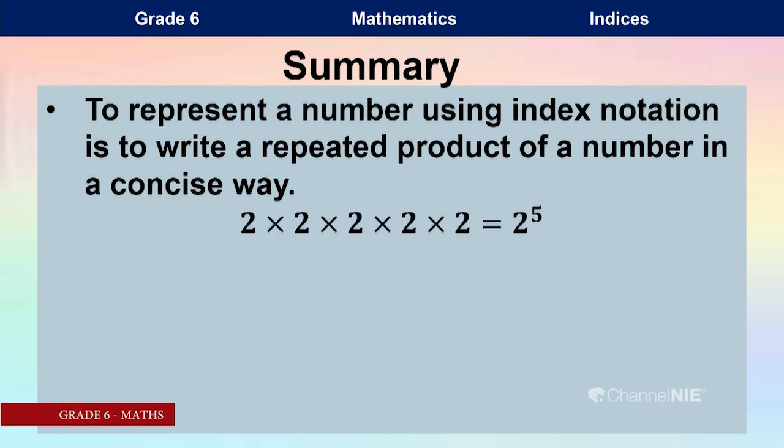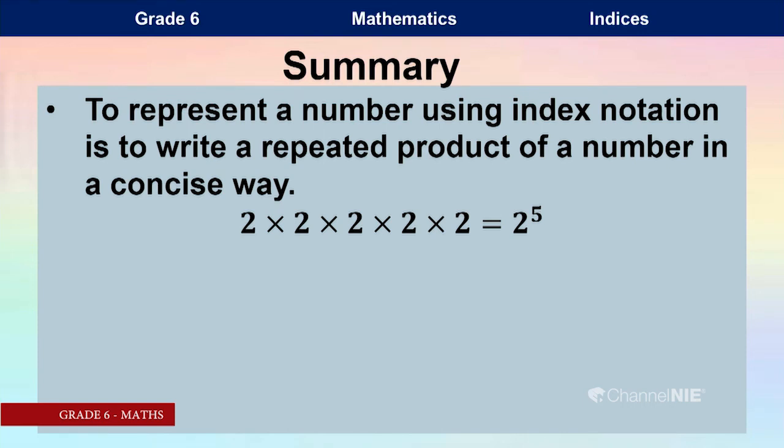Then you can see an example here. The product of 2s, you can write as 2 to the power 5 by using index notation. Here 2 is the base, and 5 is what we named the index.